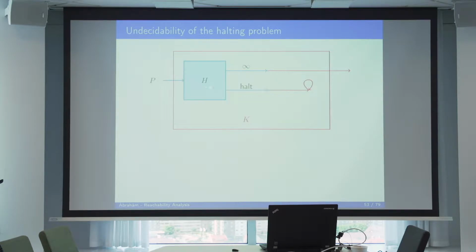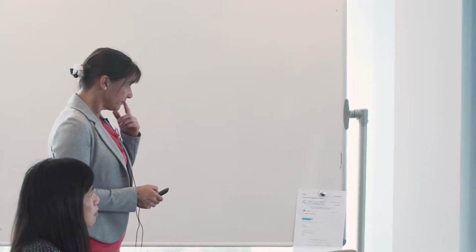And if the oracle says that P will terminate, then my program will loop forever. Okay? So this program, let us call it K, will terminate if and only if P does not terminate. That's why let us call it the negation of P, so I name it K.